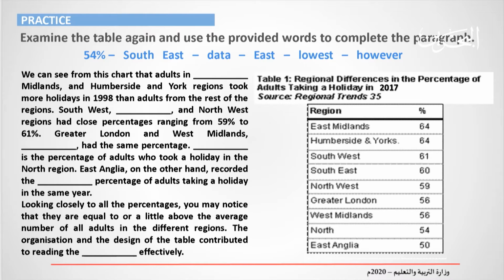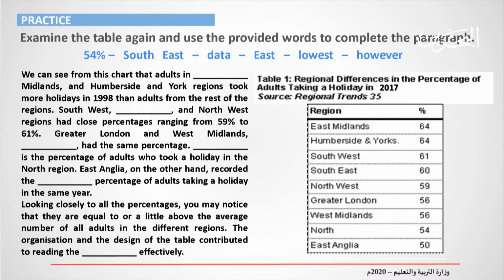We can see from this chart that adults in Midlands and Humberside and York regions took more holidays in 1998 than adults from the rest of the regions. Southwest and Northwest regions had close percentages ranging from 59% to 61%.